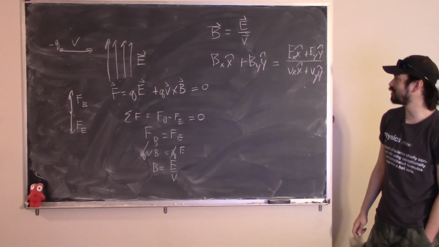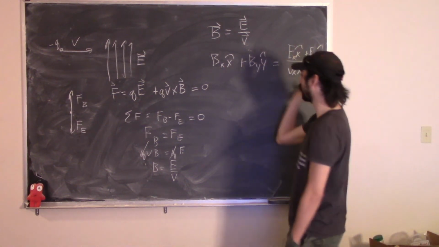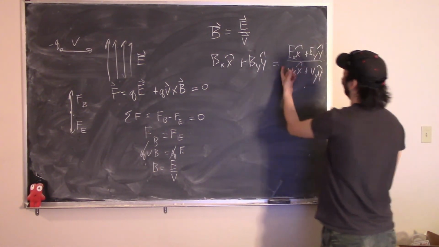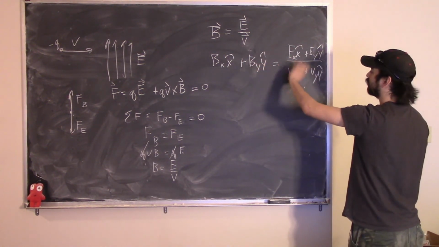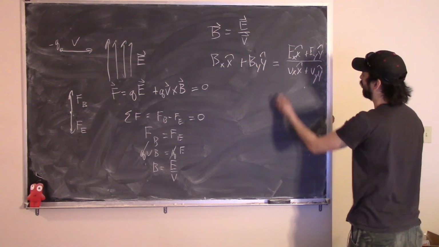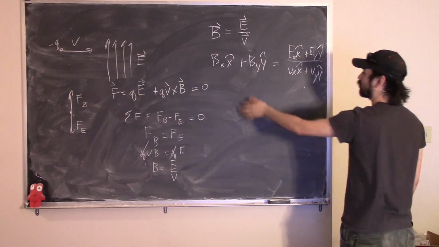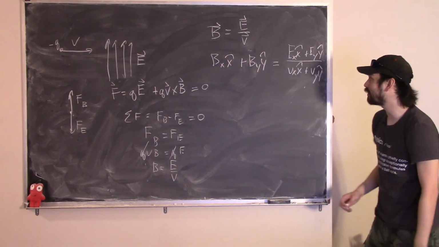And so you can see, now that I've expanded this a little bit more, the real problem here. If I was to try to plug numbers into this, how would I do that? I have this ratio of E vector to V vector is equal to B vector. This actually doesn't make any sense.